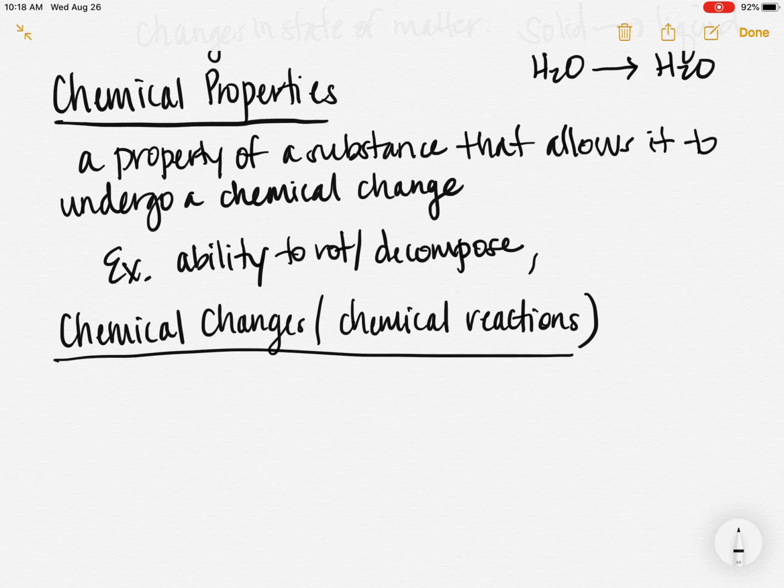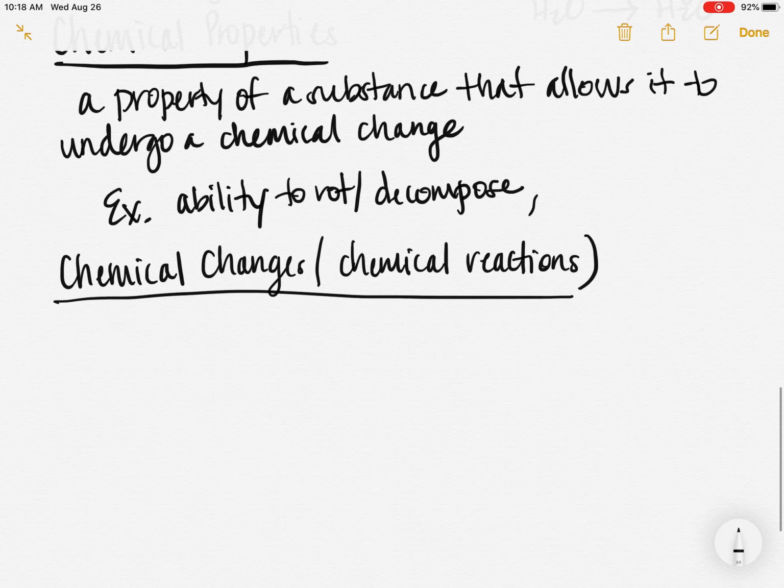There's been some kind of chemical reaction. So if we go back to that paper, everybody's favorite chemical property of paper is that it's flammable, right? And it can burn. So flammability is most definitely a chemical property, because when things burn, they actually undergo a chemical reaction.